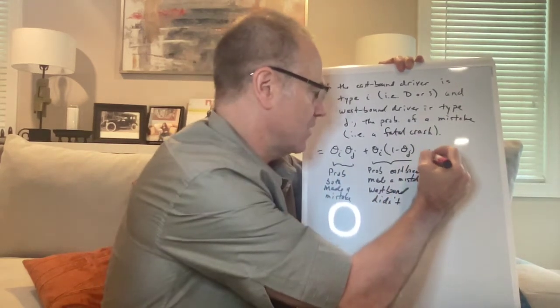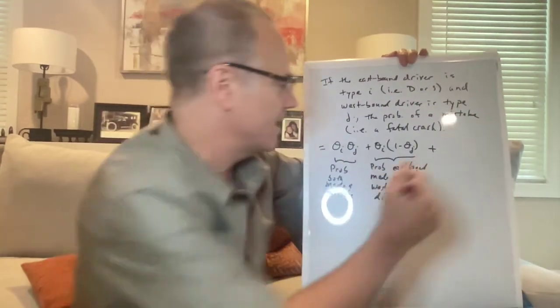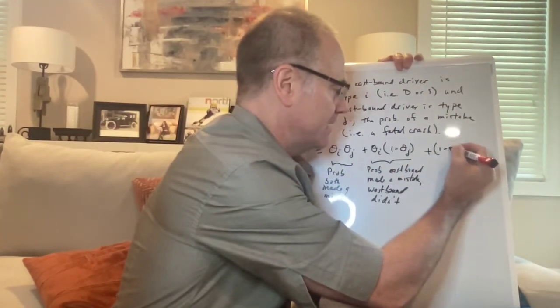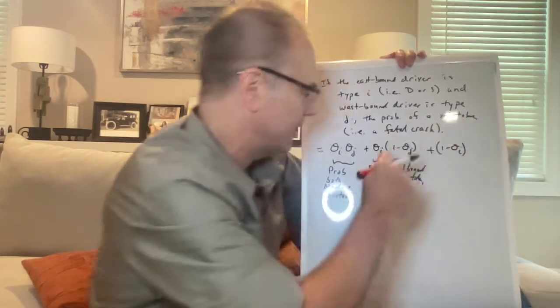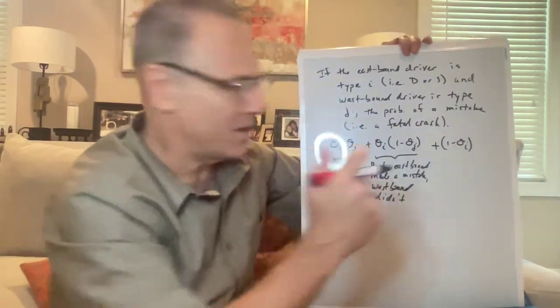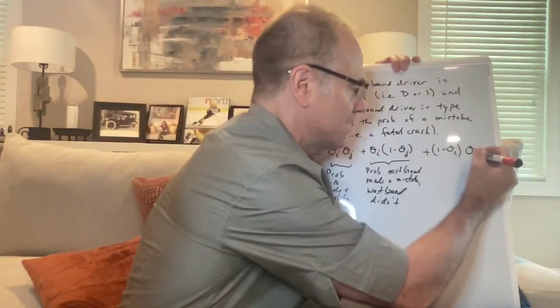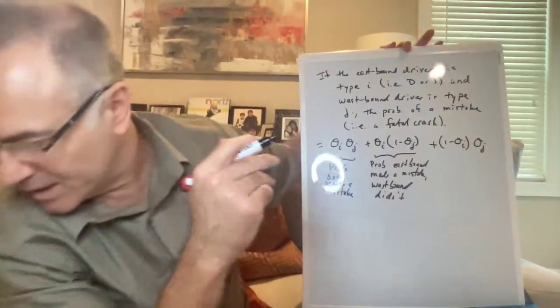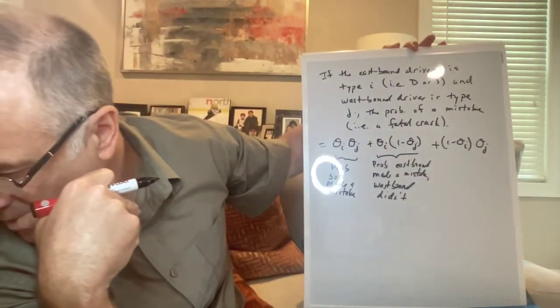And then the third way you can get a mistake is 1 minus theta I, the probability the eastbound did not make a mistake, but the westbound did make a mistake.